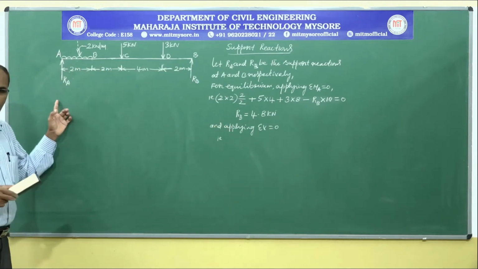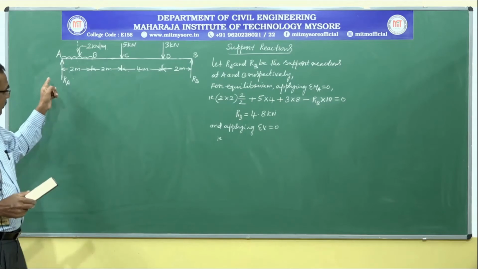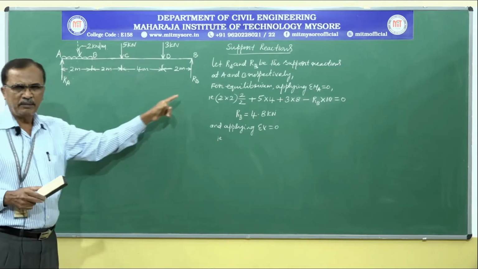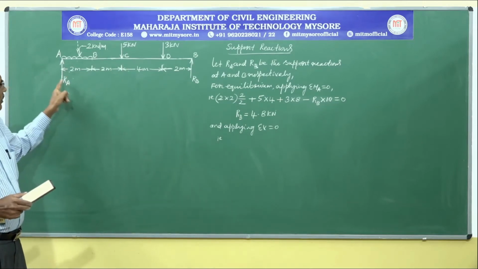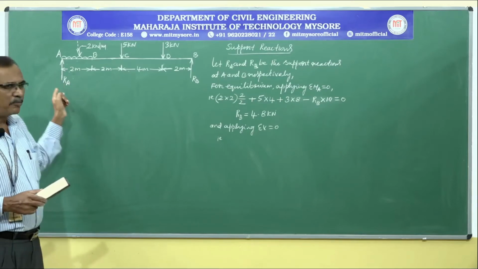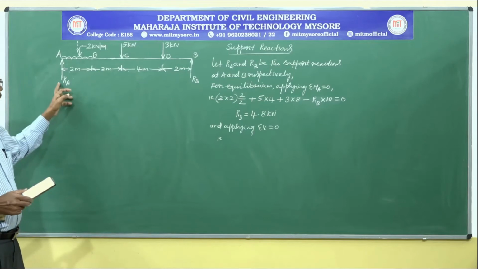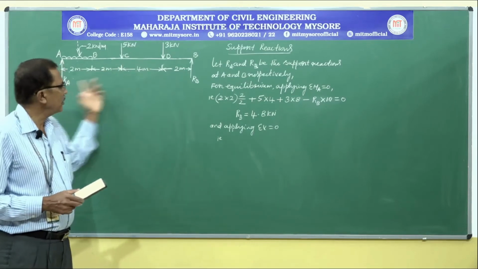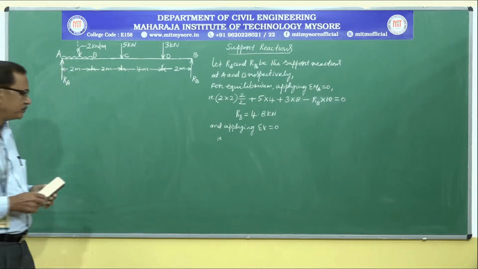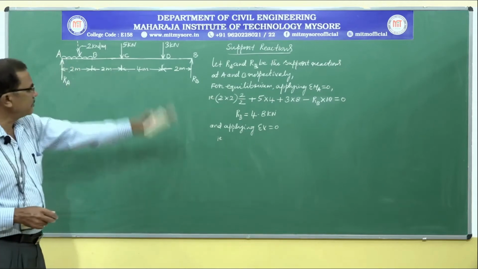When we apply the force equilibrium condition, we have to consider all the forces acting on the beam. Here we treat upward forces as positive and downward forces as negative. We also consider the support reactions as forces. Again proceed from left hand side to right hand side.